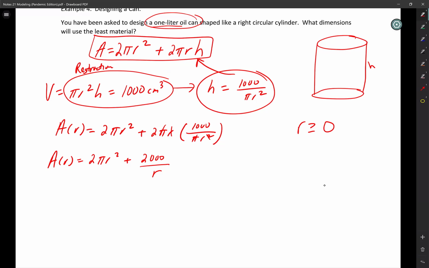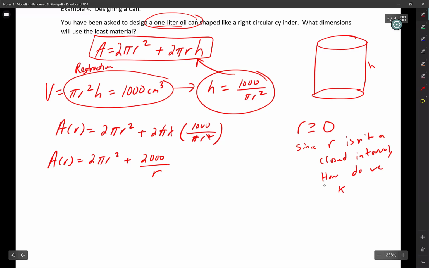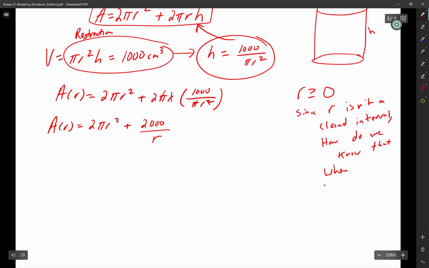So here's the issue. How do I know that that critical number is a minimum? Since r isn't a closed interval, how do we know that when A prime of r equals 0, this specific r value is a minimum?